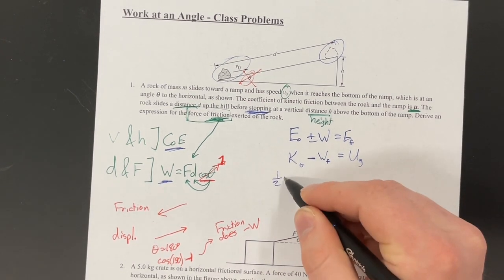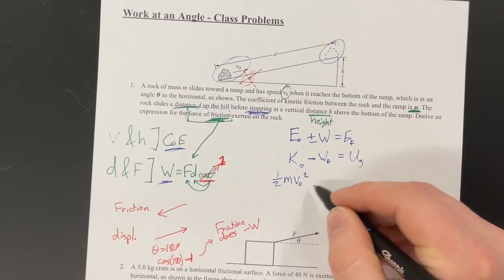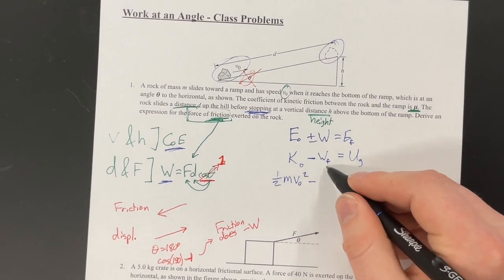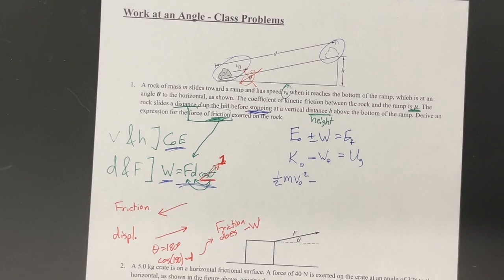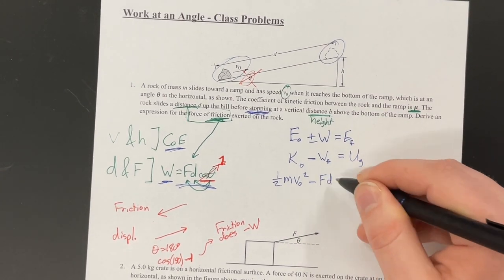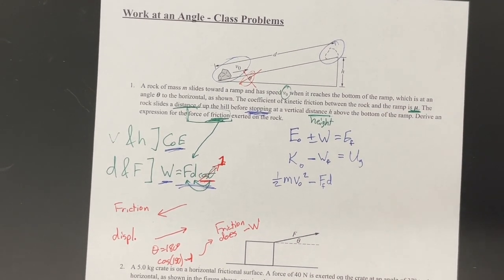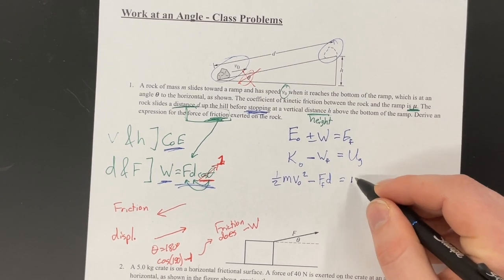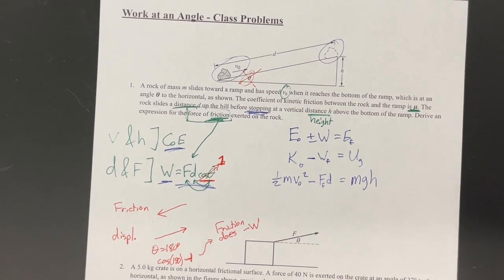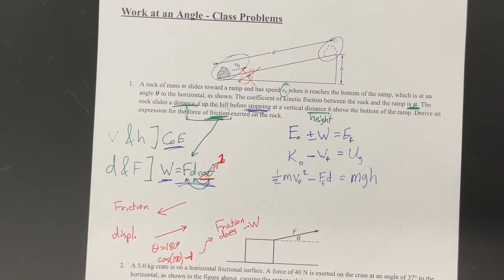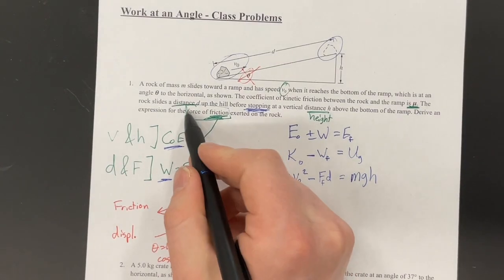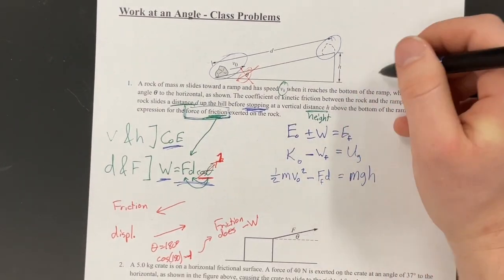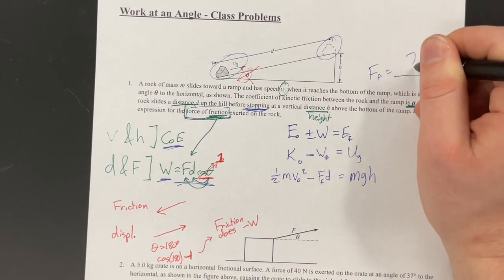All right, 1/2 mv0 squared minus the work of friction. Work we can spread out into Fd cosine theta, but we said that cosine theta goes away, so force of friction times displacement. And then UG is mgh. Remind me, what's our goal in this case? Force of friction. So we need force friction equals.